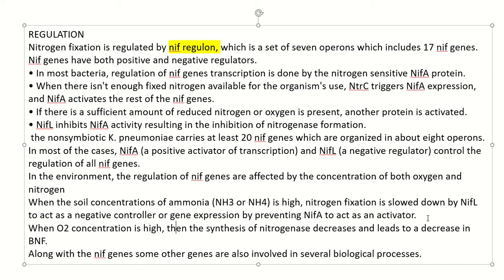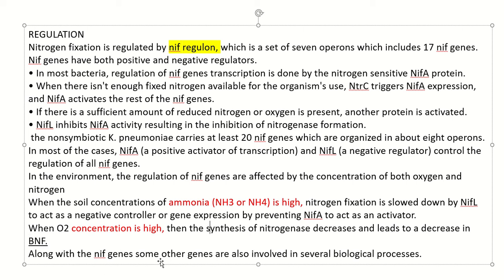If one does wrong, the other will do right. When O2 concentration is high, now the condition you have to remember here is O2 concentration is high, and ammonia is high. Now the synthesis of nitrogenase decreases and leads to a decrease in biological nitrogen fixation.